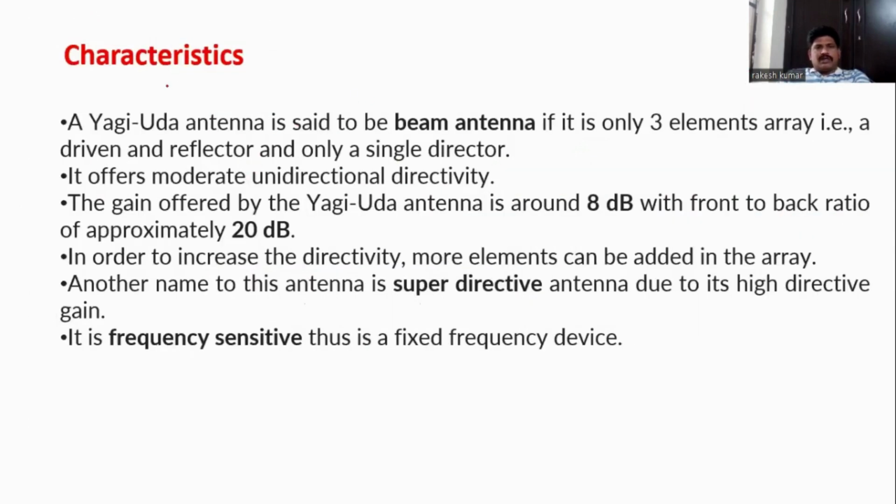Coming to the characteristics of the Yagi Uda antenna, it is said to be a beam antenna. The simplest is a three element array: a driven element, a reflector, and a single director. If a Yagi Uda antenna is a four element antenna, the parts are one reflector, one driven element, and two directors.